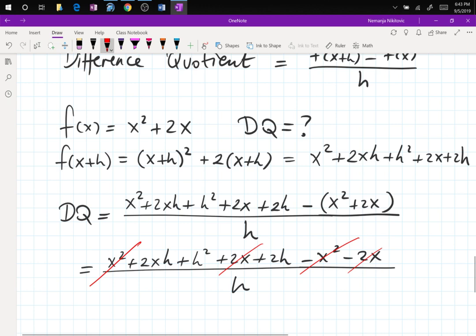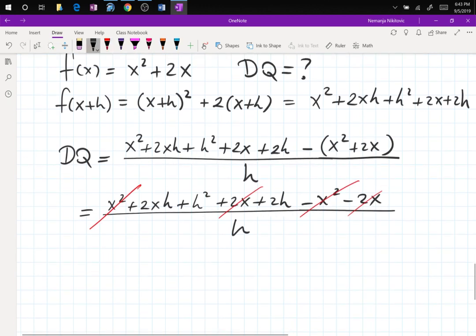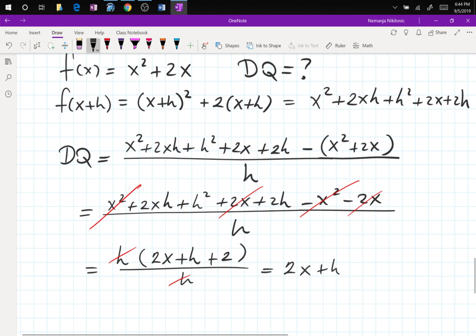They cancel as well. And only the terms with h remain, which means that you can kick h out. You're left with h times 2x plus h plus 2, divided by h, and at this point h cancels and you are left with 2x plus h plus 2.